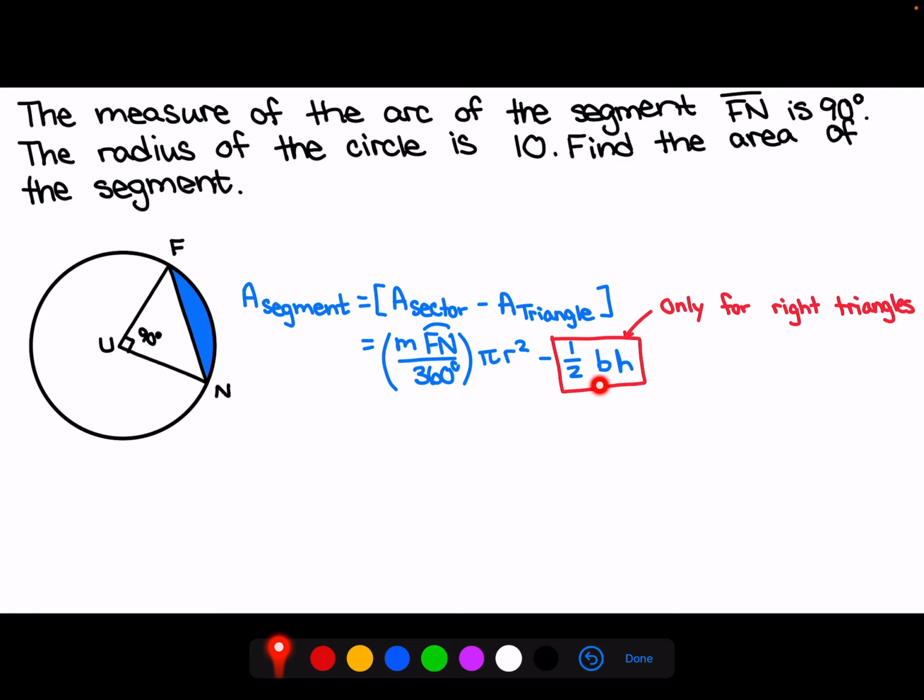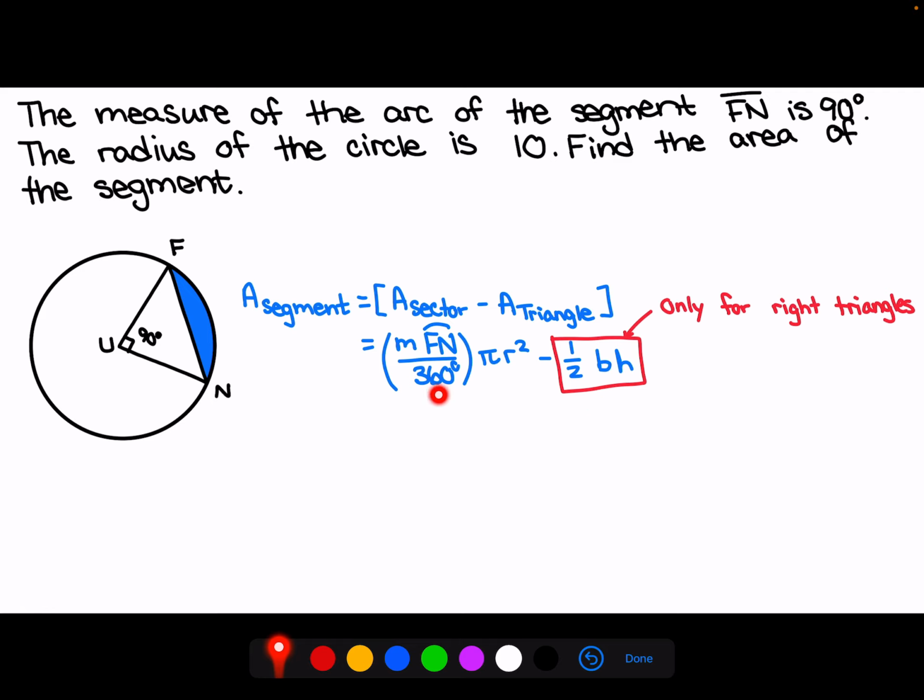Now again, this 1/2 base times height, this area of a triangle, can only be used with right triangles. If it's not a right triangle, we're going to use a different equation. And the other equation will be more beneficial to us because it can be used with any triangle whatsoever that you run into. But for this one, since we have a 90-degree angle, let's go ahead and plug it into what we already know from when we did area back in the day.